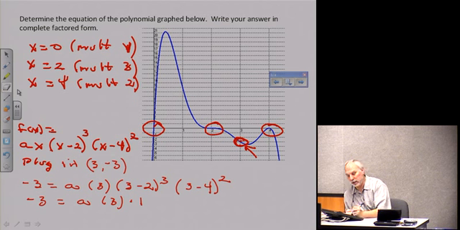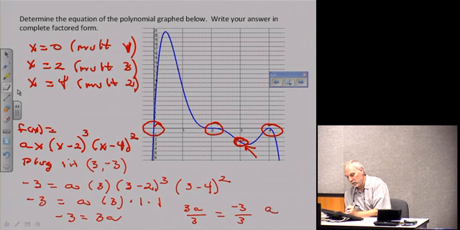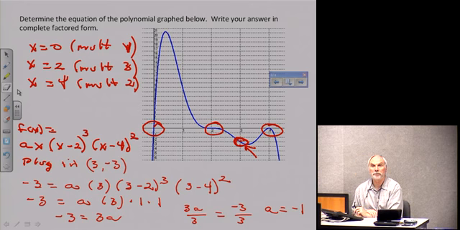Negative 1 squared is 1. So we have negative 3 equals 3a. Divide both sides by 3. And we get a equals negative 1.